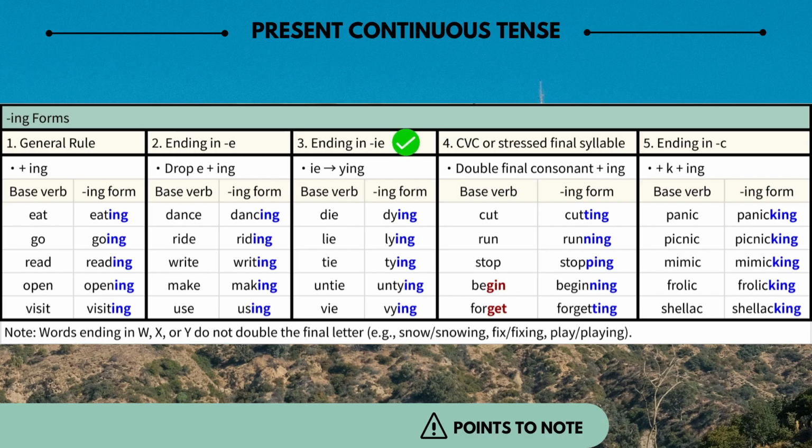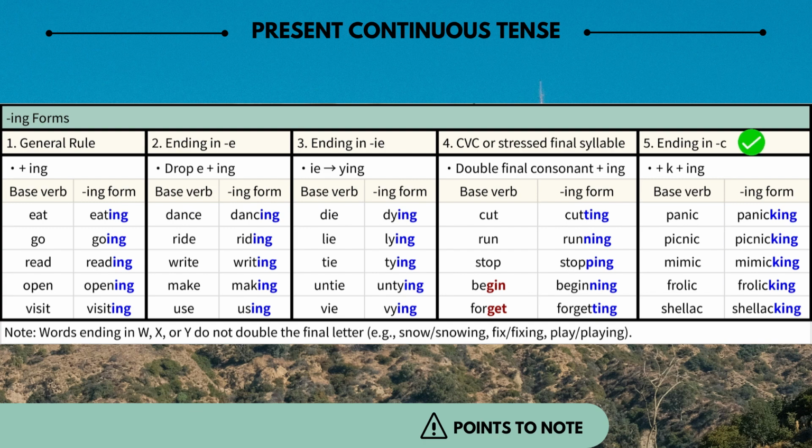If a verb ends in ie, change ie to y before adding ing. Die, dying; lie, lying. 4. If a verb has a CVC pattern or a stressed final syllable, double the final consonant before adding ing. Run, running. Stop, stopping.